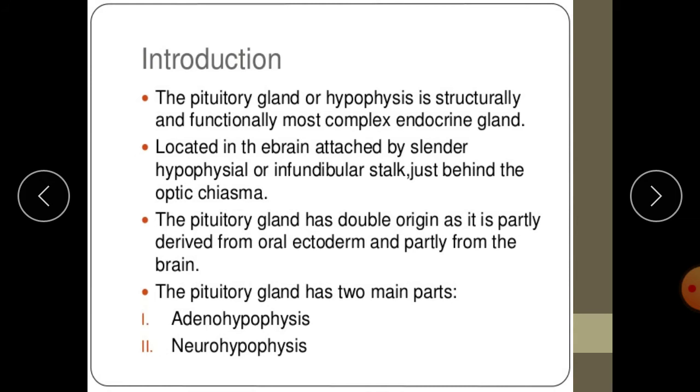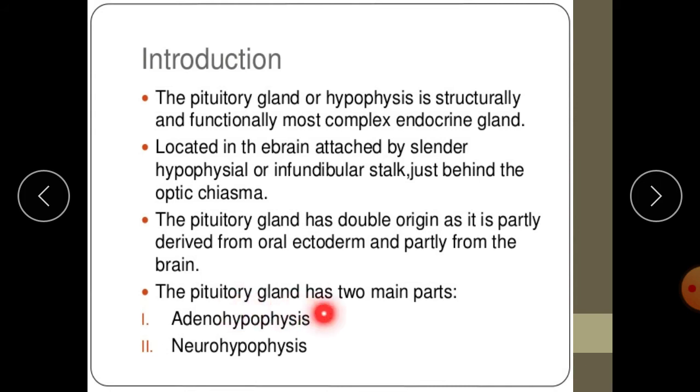That means the pituitary gland is made up of epithelial secretory cells as well as nerve cells. Nerve cells are part of the brain, and the epithelial secretory cells are from the oral ectoderm. Thus the pituitary gland is made up of two parts.